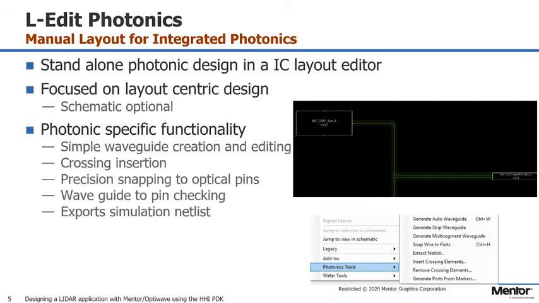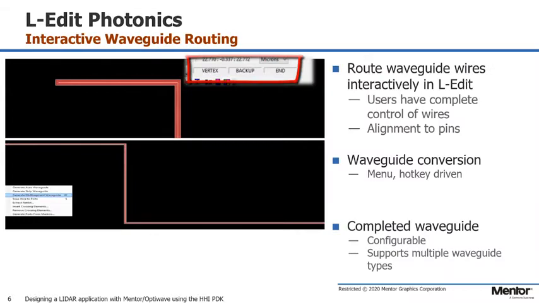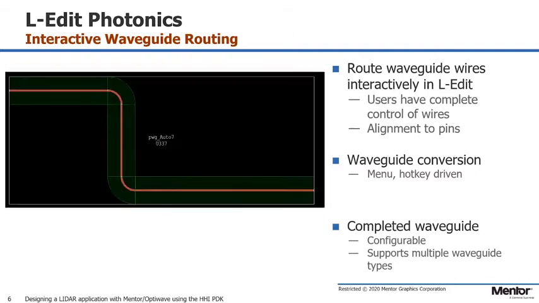validating your design. With our waveguide routing, basically we allow our customers to stay highly productive by doing simple orthogonal path creation using all the capabilities that LEdit has for path creation: stretching, snapping, etc. And then with a single command, you turn that orthogonal path into a waveguide.